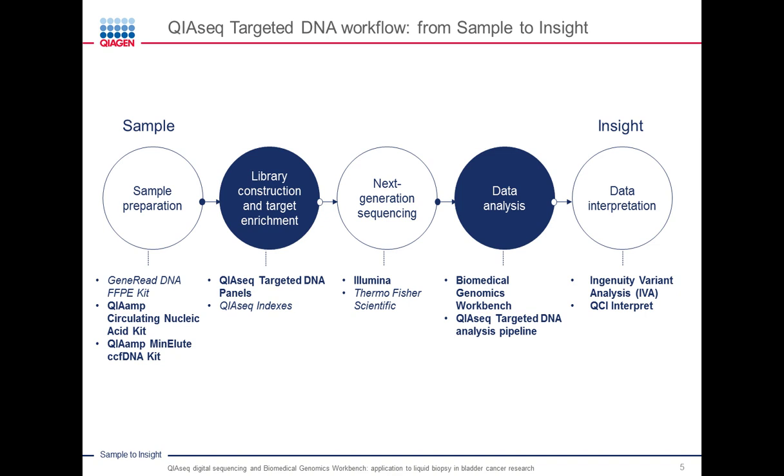So the first thing that we care about is the connection between all steps of the workflow, from the lab, from the data generation, to the interpretation of the data.